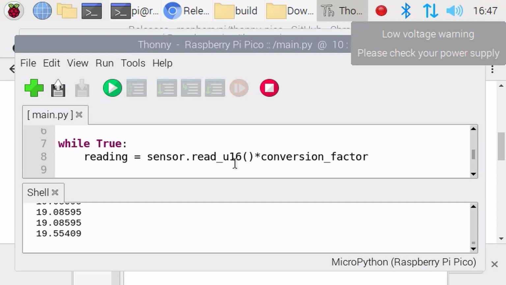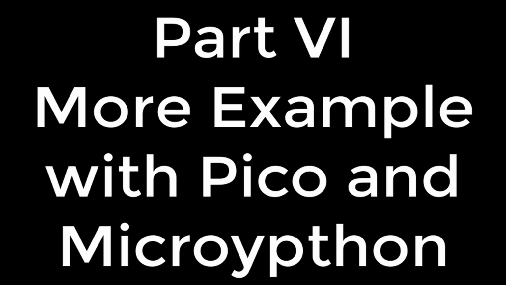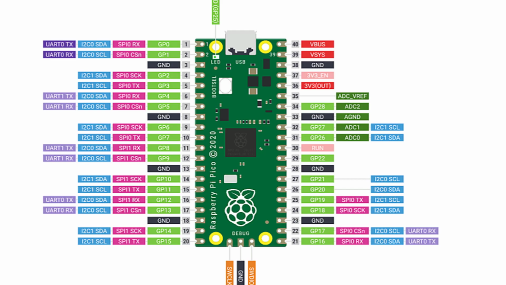So as we know actually, on the Raspberry Pi Pico, some pins can behave like a GPIO, analog digital converter, and SPI, I2C, whatever. So let's try one of the pins which can behave as a GPIO digital output, also analog input.